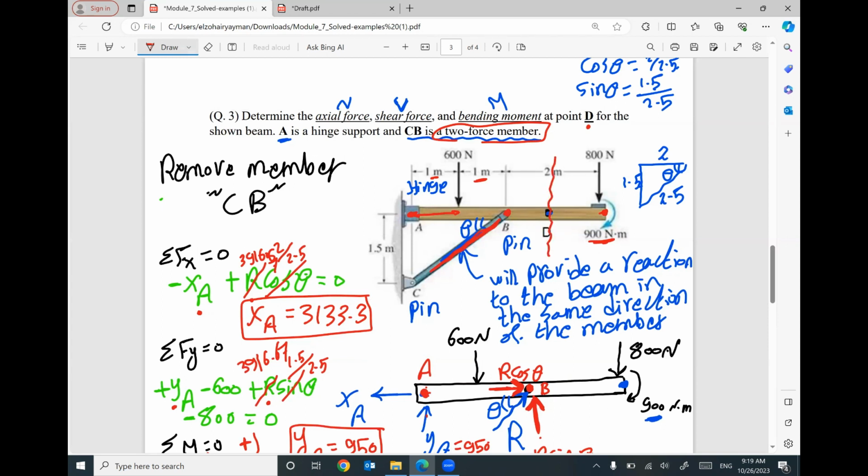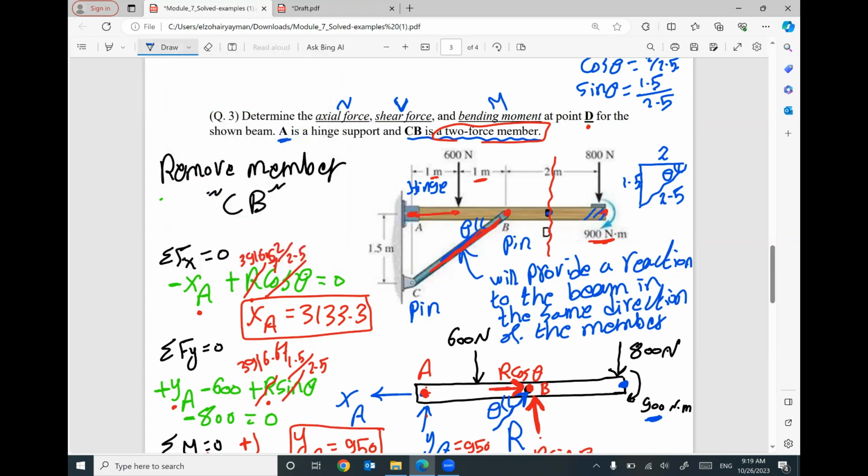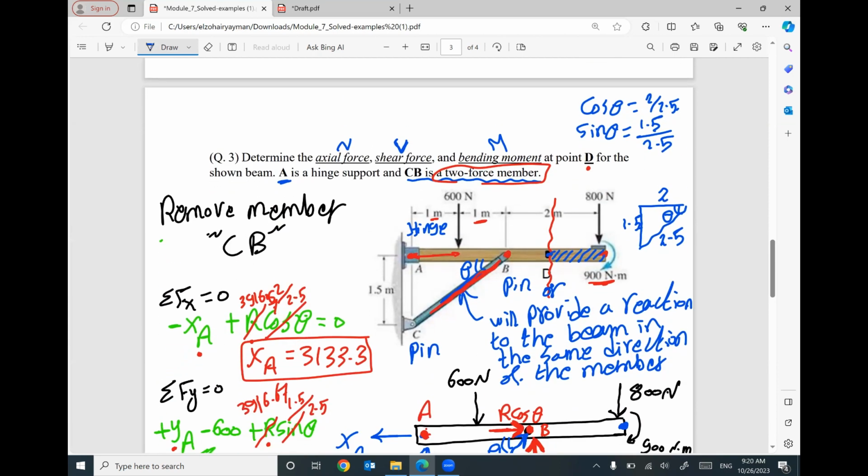Then I will decide to use the right part, because we have another option to use the left part. The left part is more complicated. We have many things, and both of them will give you the same answer. So we need to select one of them. If you decided to use the right part, it will be like this.